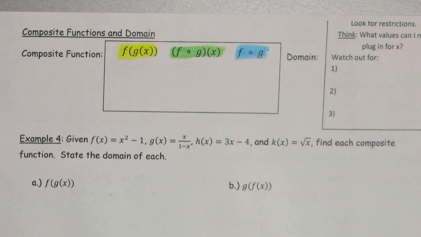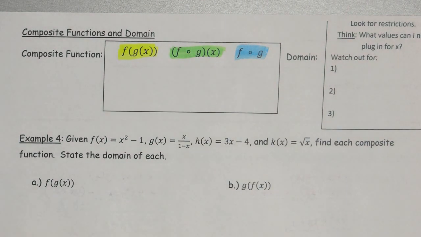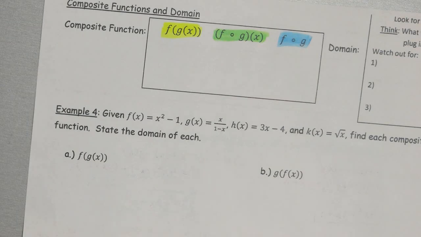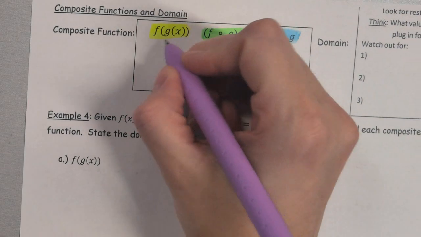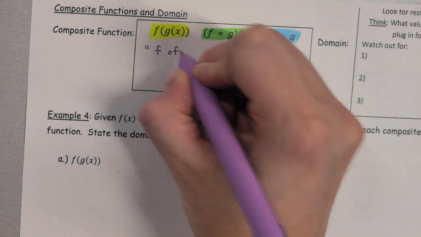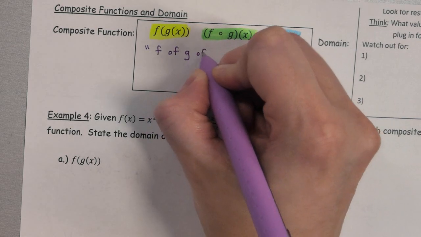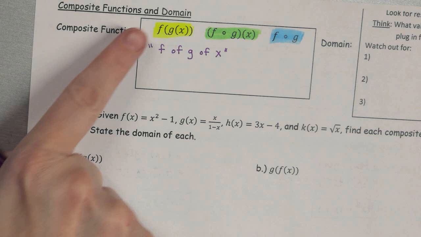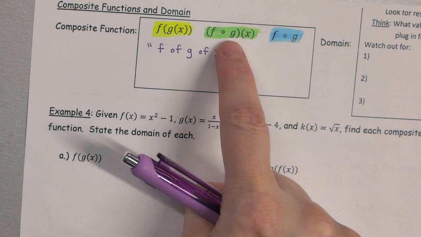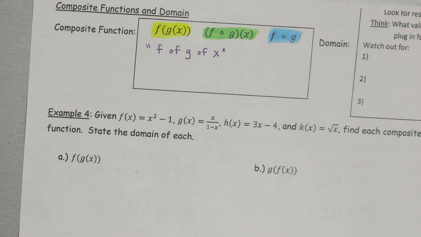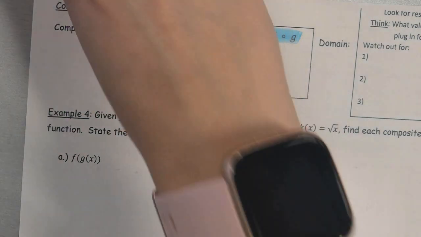Now, because these all mean the same thing, we pronounce them all the same way. The way that you say this is f of g of x. So this is f of g of x, this is f of g of x, this is f of g of x. Okay, and they are compositions.